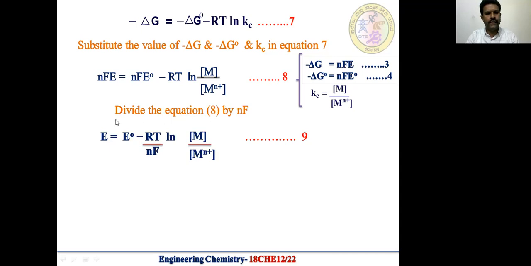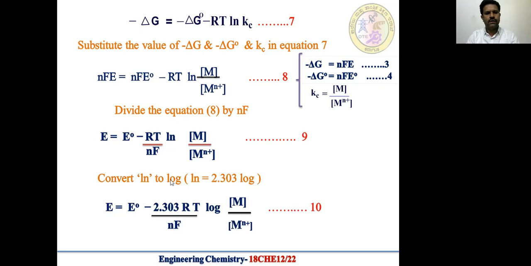Next, to get E and E naught, we divide equation 8 by NF. Then equation 8 can be written as E is equal to E naught minus RT divided by NF ln of the concentration of M divided by the concentration of M n plus. This is equation number 9.